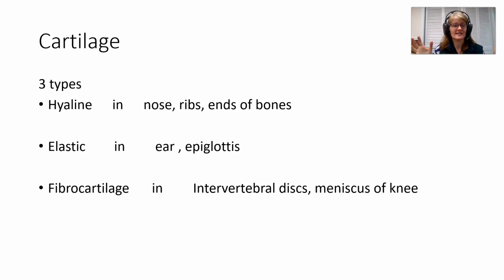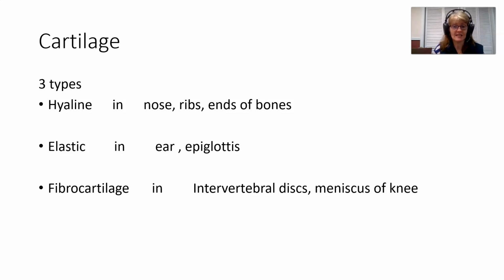Elastic cartilage, elastic has this recoil. So we put that in our ears, which are going to be flapped around and hit a bit, and they need to bounce back. And in the epiglottis, which is the little flap that covers the windpipe every time we swallow. So it gets pushed down and bounces back, pushed down and bounces back every time we swallow.